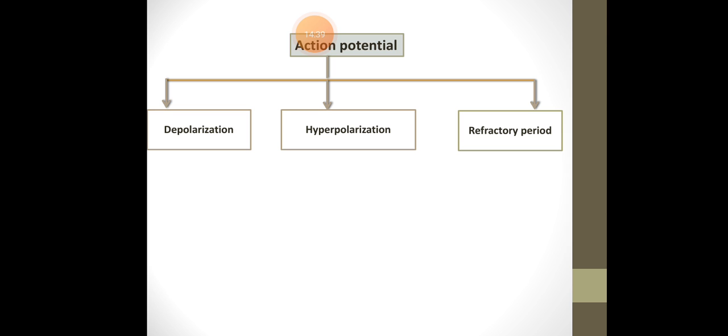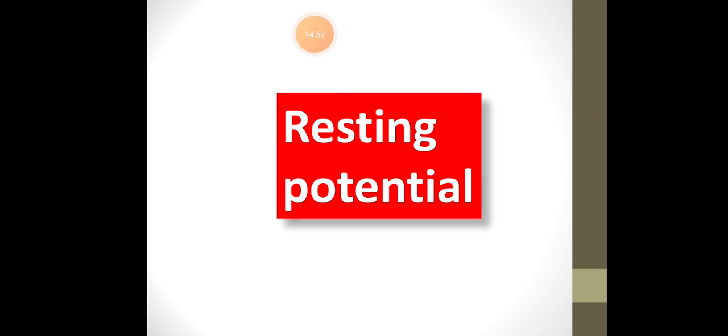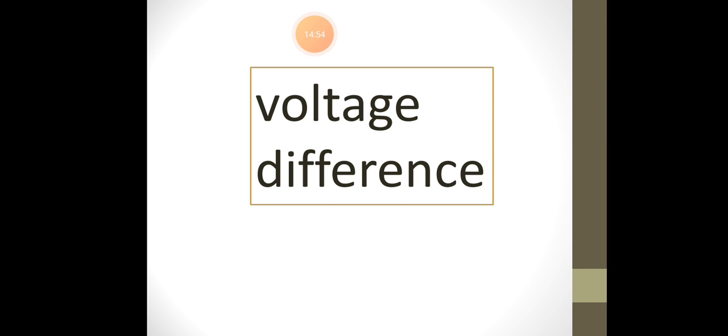The action potential occurs due to the change in membrane potential across the threshold value due to stimulants. Recall that membrane potential means the inside of the cell is negatively charged, whereas the outside is positively charged.